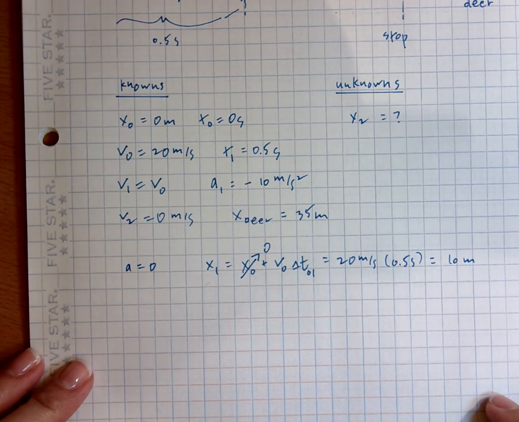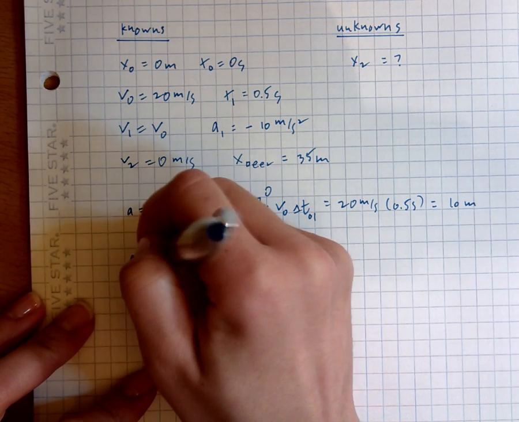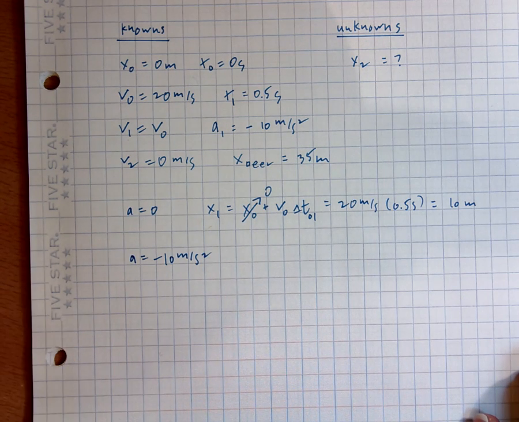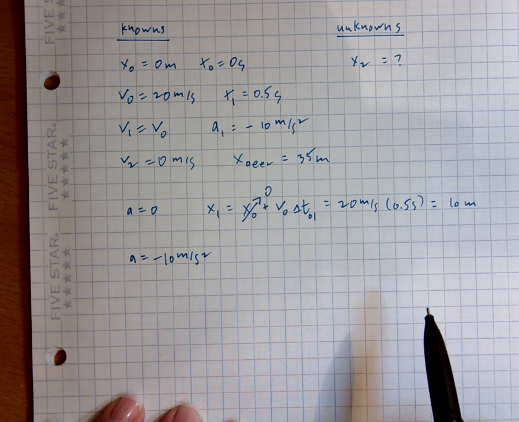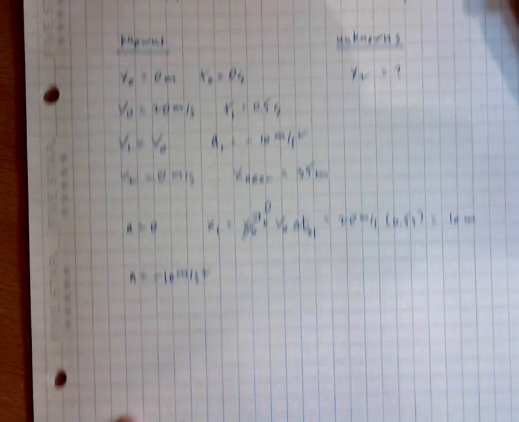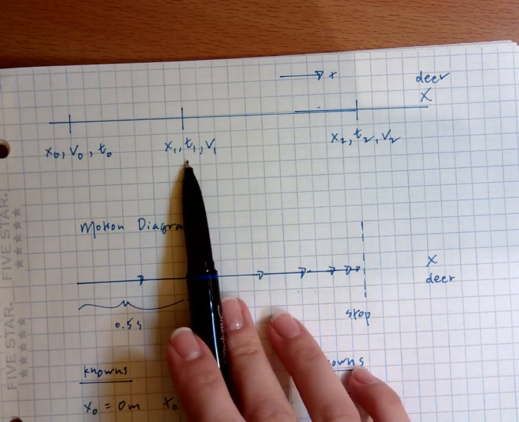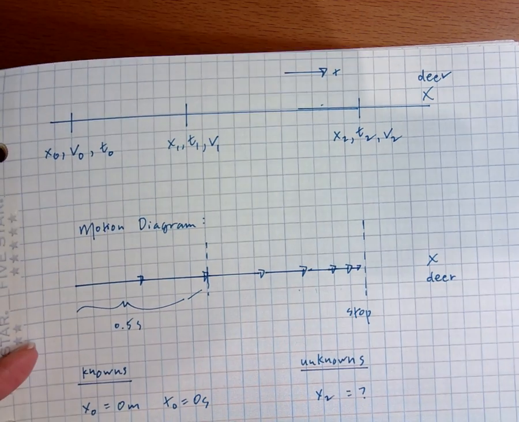Now let's consider the second interval. So when the acceleration is equal to negative 10 meters per second squared, what we'd like to know is that final position, right? We want to know what x2 is. So if I look again for an equation that involves the things that I know and the one thing that I'd like to solve for, x2. I don't know the time between these 2 points, so I can't use an equation that involves the time.